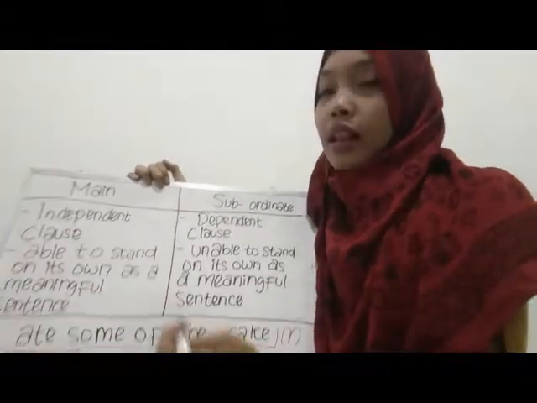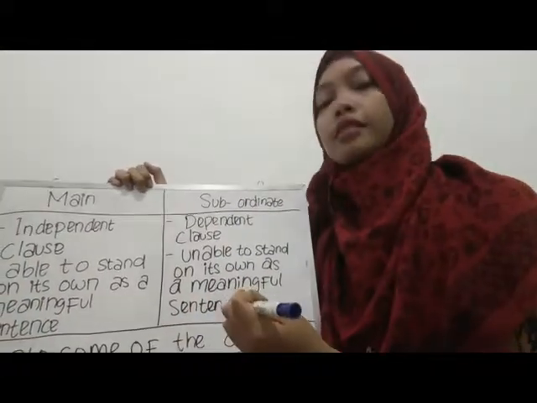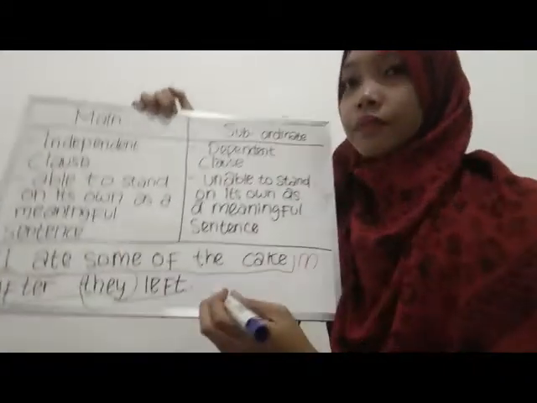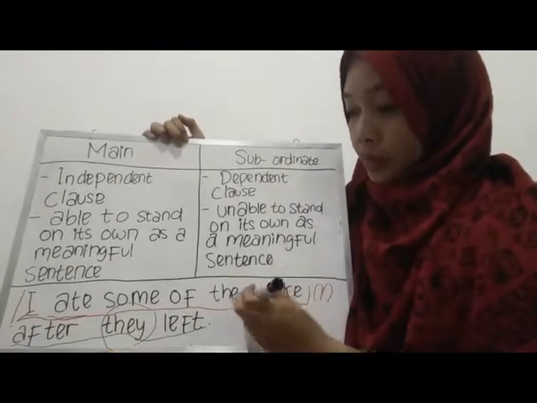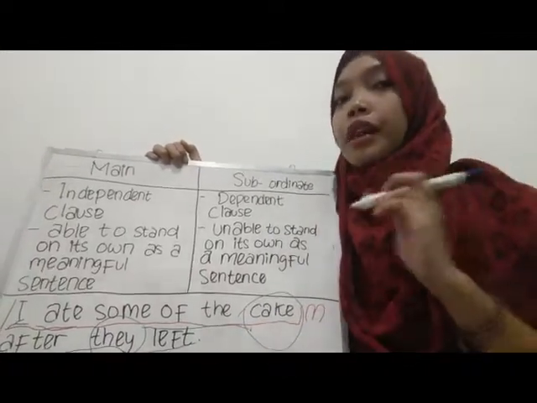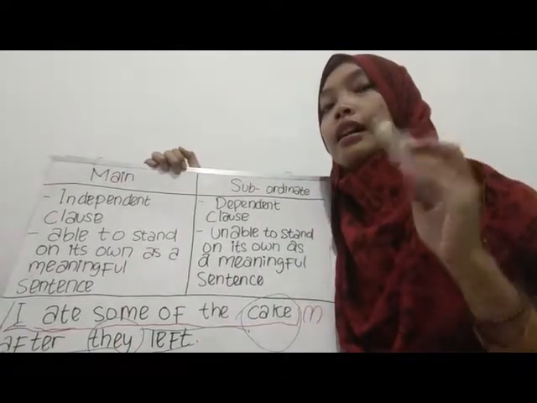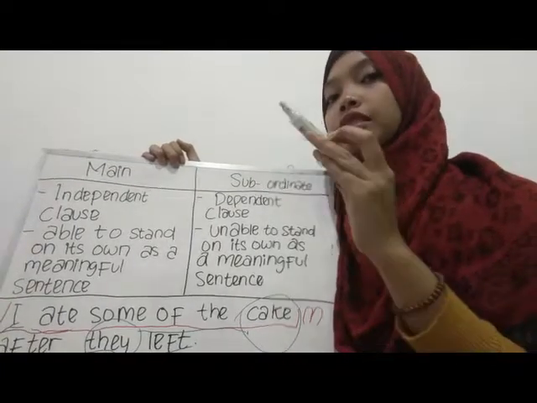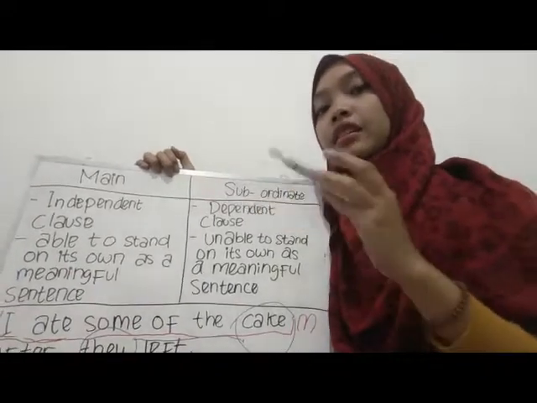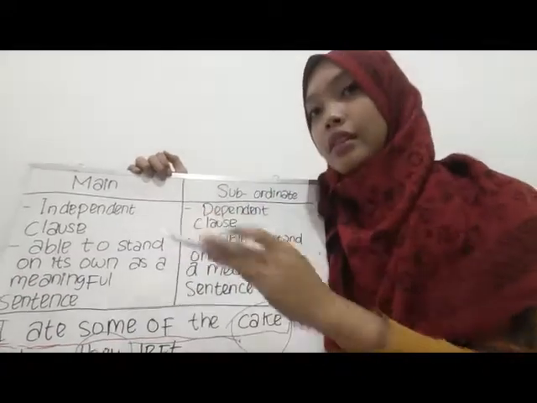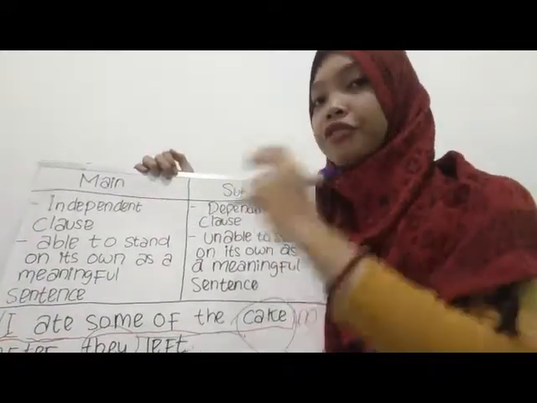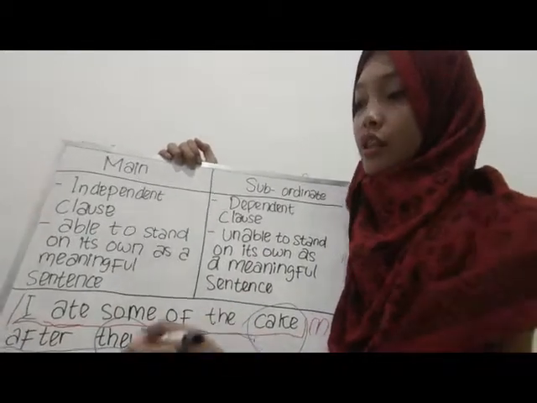After they left is a subordinate clause because they refers to the cake. So you cannot make it a sentence alone, because it needs a referent. It must refer to the clause or the word before it. This refers to the cake.